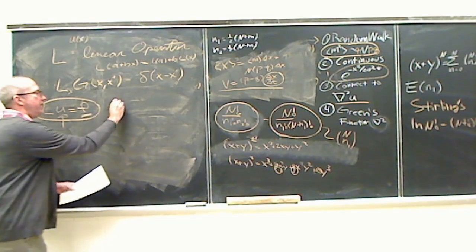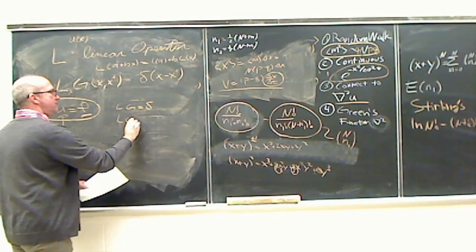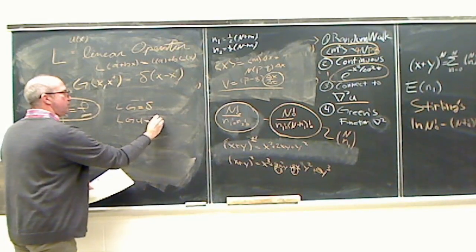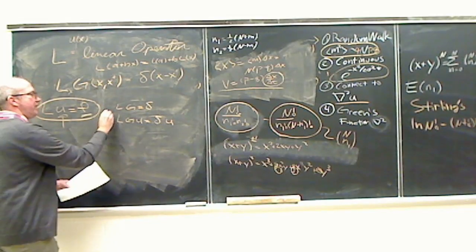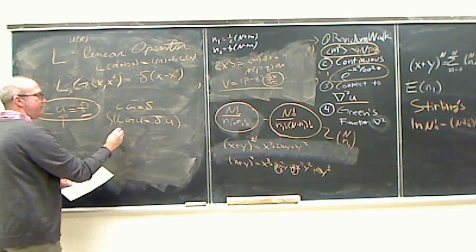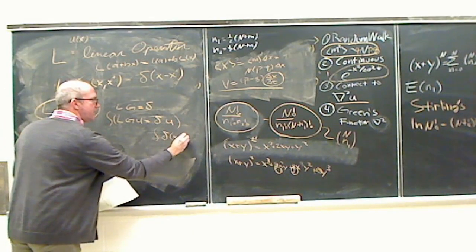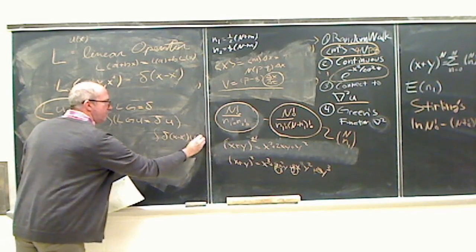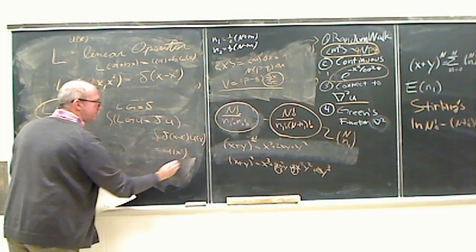So L times G equals a delta function. So L times G times u is equal to delta function times u. If I integrate this, the right-hand side is the integral of delta of x minus x prime times u of x, which is just u of x prime.